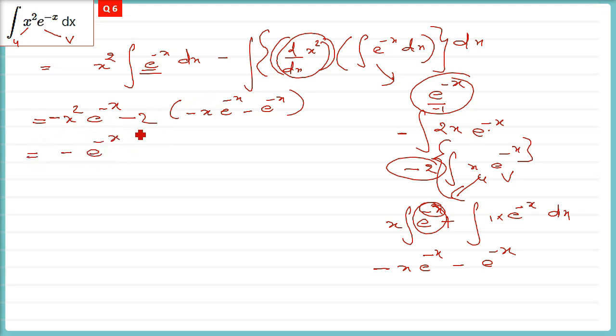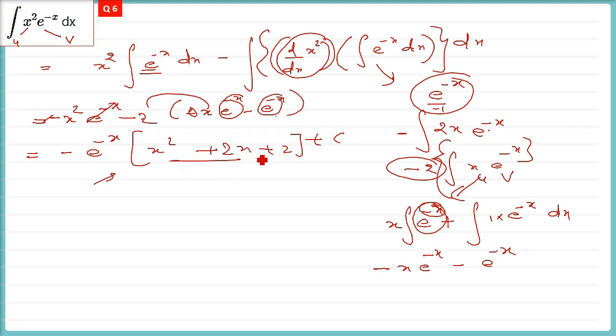Let's take negative e raised minus x outside, that will make our life easier. If you take negative e raised minus x outside, it will be x square inside. When you take this minus e minus x and this minus e, all will become positive. So it will be positive 2x, because the negative was already taken outside, plus 2x plus 2, plus constant of integration, and that will be your final result.